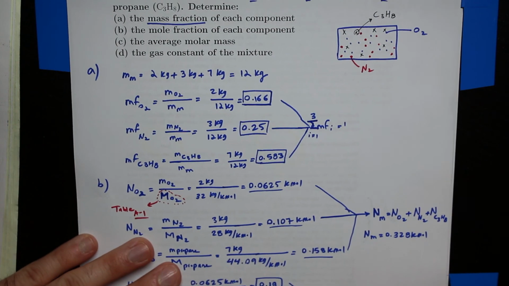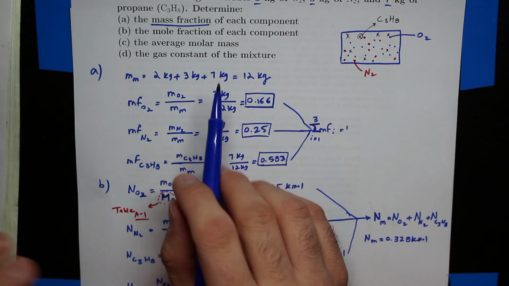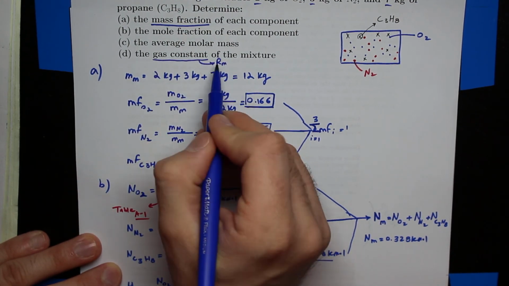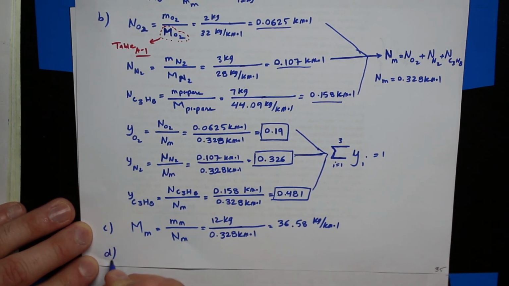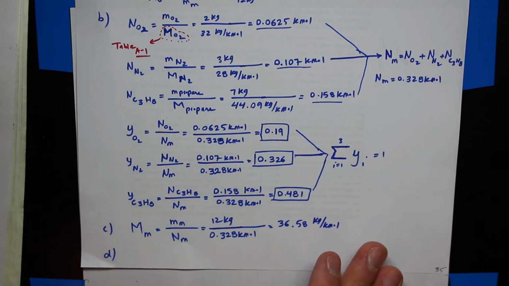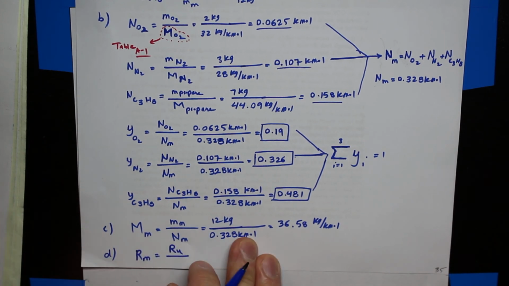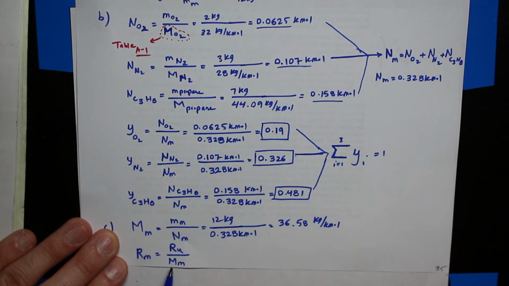And finally for part D, the question is asking for the gas constant of the mixture. So basically in this part, the question is asking for Rm, or R of M. In order to find the gas constant of the mixture, I'm using the equation Rm is equal to Ru, the universal gas constant, over MM. This MM is the molar mass of the mixture.